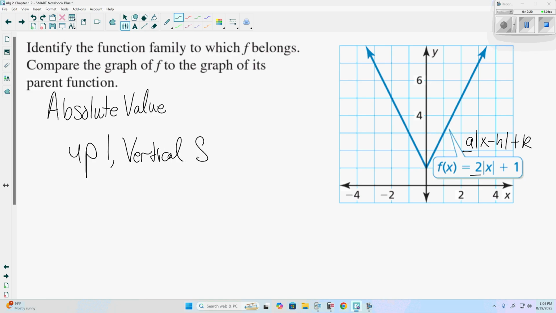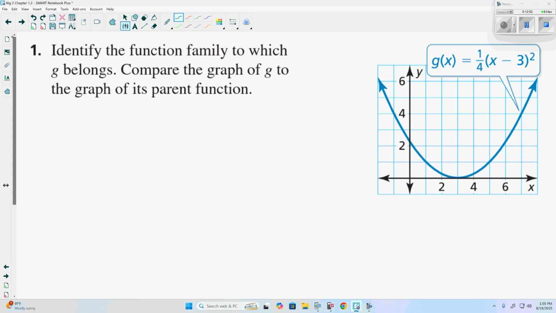I'll give you this hint: vertical S. It's going to be stretch, because 2 is bigger than 1. Vertical stretch of 2. And that's it. Because there's nothing saying that we have to have exactly one transformation or two. We can have multiple transformations being applied to a function.